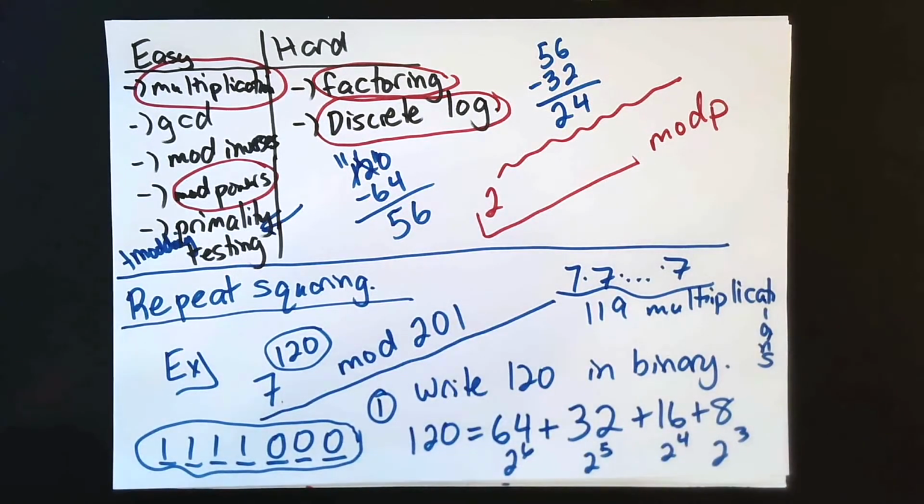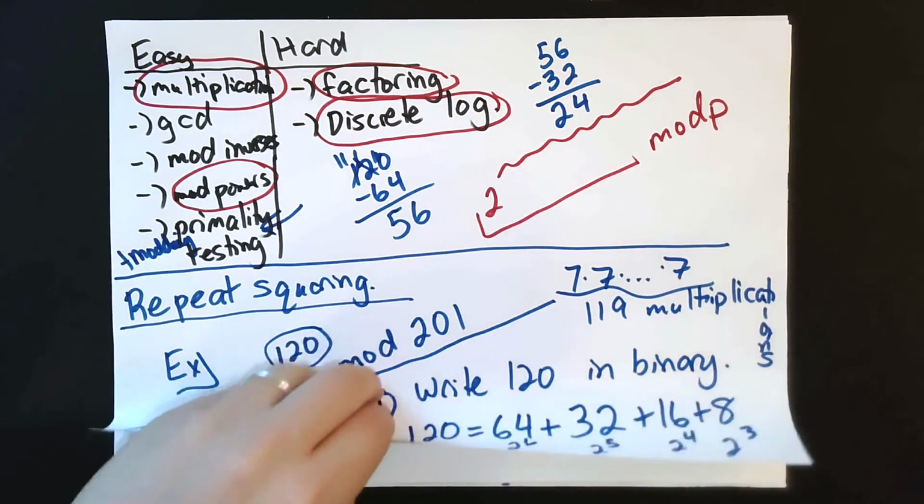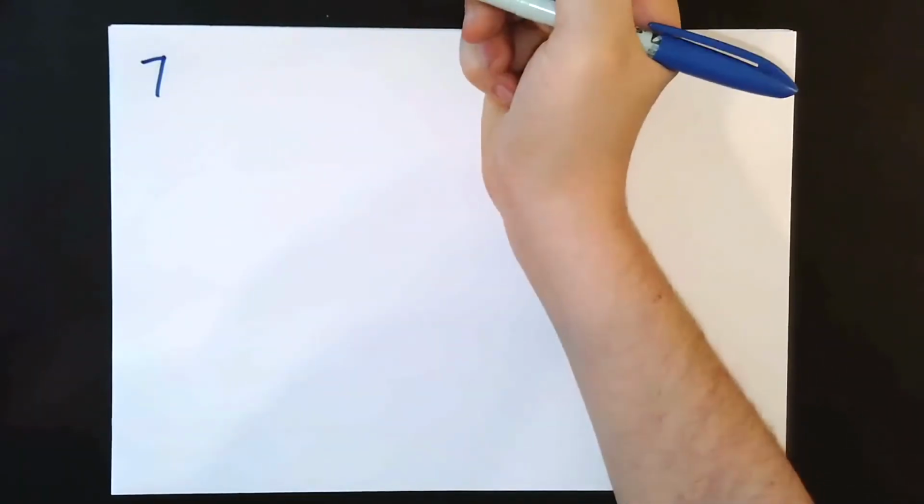Now, I'll remind you, this is a step for humans, not a step for computers, because the computer is already storing this number in binary. The computer doesn't think in base 10. So remember, what I want now is to calculate 7 to this power mod 201. And to do this, what I'm going to do is repeatedly square 7 mod 201. So the first thing I get is 7.